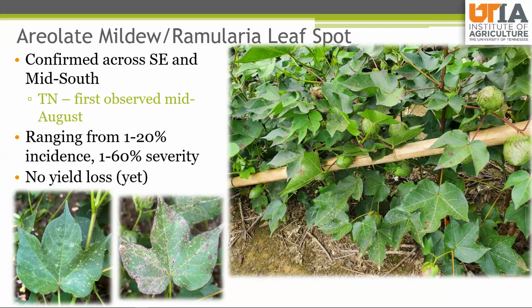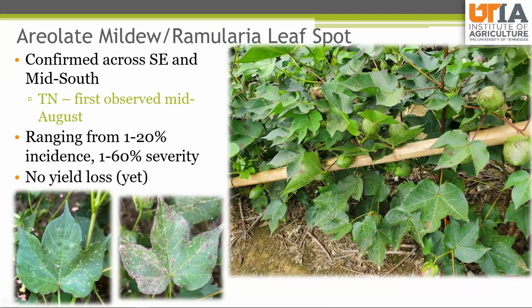And then also a 1 to 60% severity, which means either 1% up to 60% of the leaf area is being affected by this disease. So far, after the 2024 season, I do not have any data to report that actually shows significant yield loss in Tennessee. But if our first observation of the disease moves up, say to mid-July, that could change very quickly.